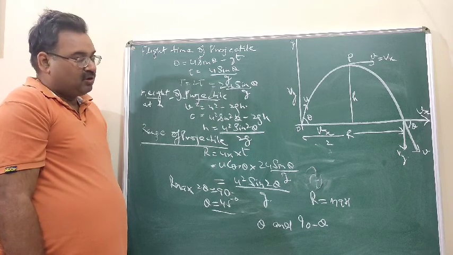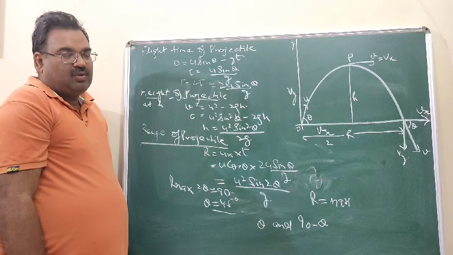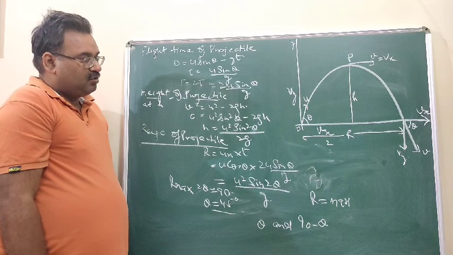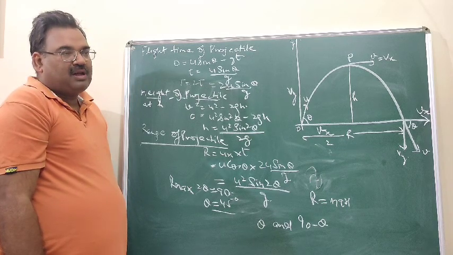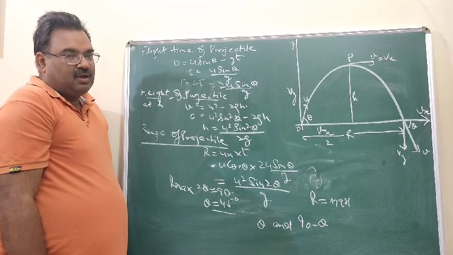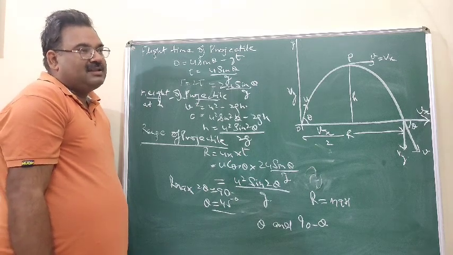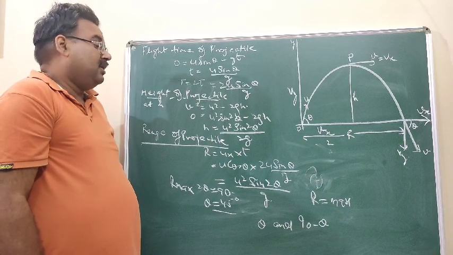So we take v equal to 0 and substitute the initial velocity in the vertical direction, that is u square sin square theta - 2gh, and we find the value of h. So h is equal to u square sin square theta upon 2g. So the total maximum height of the projectile is given by the formula h = u square sin square theta upon 2g.